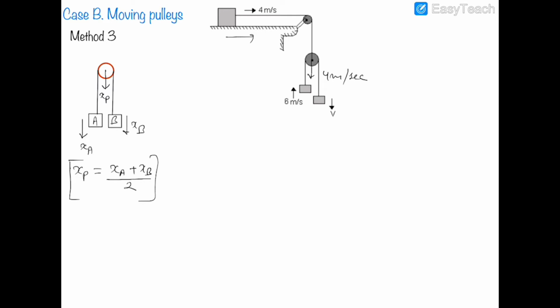So if we differentiate it, we can write Vp is equal to (Va plus Vb) by 2. And again, if I differentiate it, then I can write Ap is equal to (Aa plus Ab) by 2. A represents accelerations and V represents velocities.